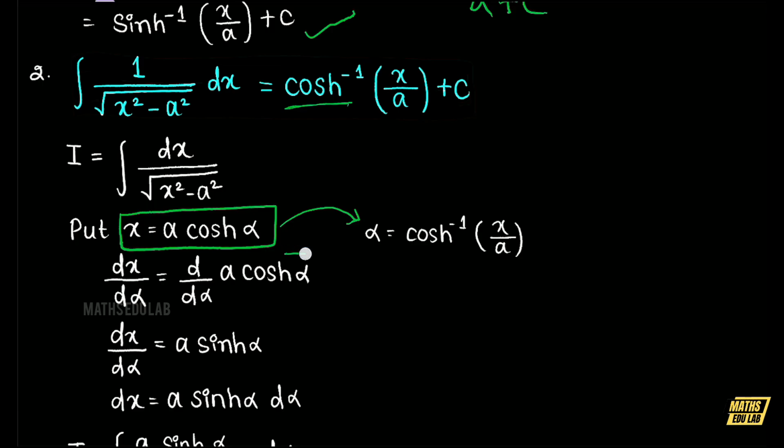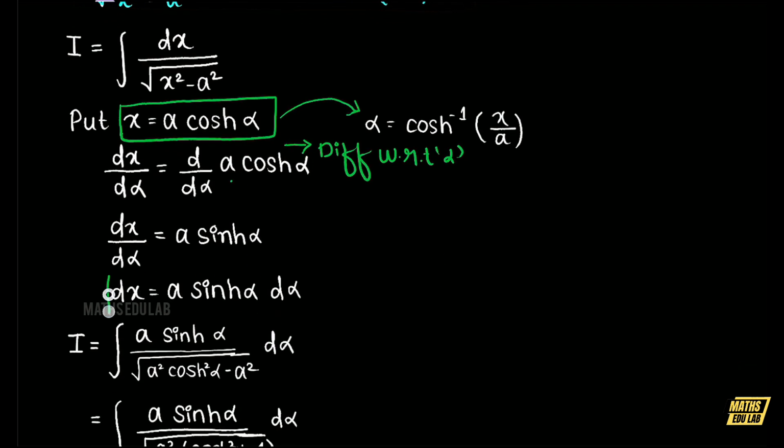Now in this step we differentiate with respect to alpha. Then dx upon d alpha equals d upon d alpha of a cos hyperbolic alpha. Here a is a constant and the derivative of cos hyperbolic alpha is sin hyperbolic alpha.